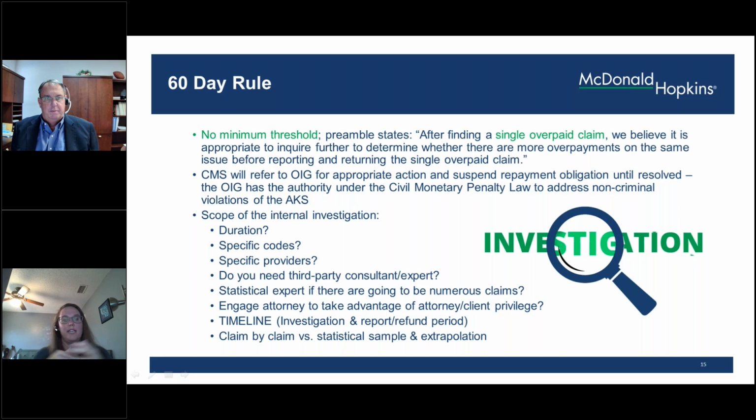You will also need to keep in mind this timeline, because I'm sure Jeff will agree with me, as I said before, that 6 months is gone in a blink of an eye. And you need to have a schedule, and you need to stick to it, and you need to make sure your deliverables are met. And again, you can make the determination as to whether it's going to be a claim-by-claim review or it's going to be a statistical sample and an extrapolation to determine what that overpayment might be if one exists.